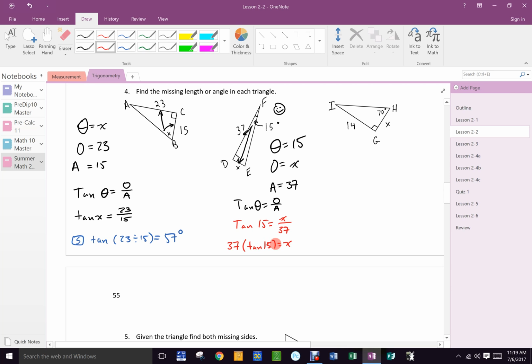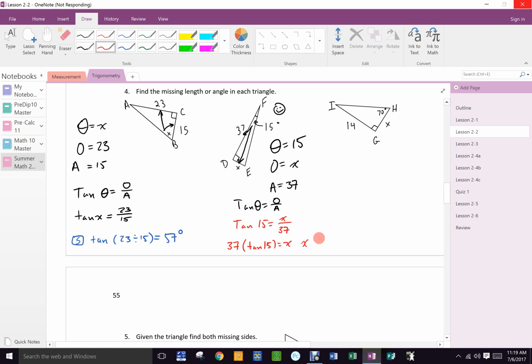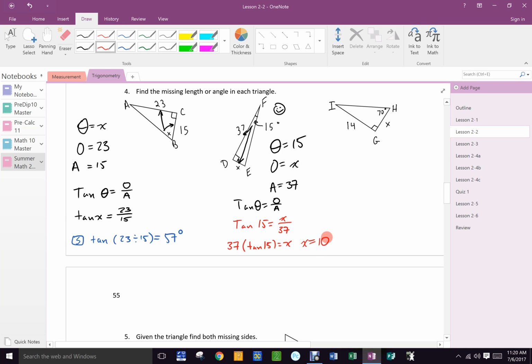But you haven't hit equals, have you? So what is that answer? X equals 10. I just got to check that to make sure everyone's punching it in right. 9.91, yeah.